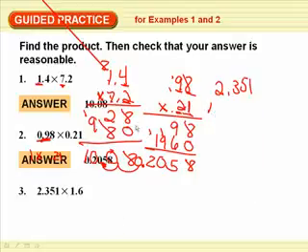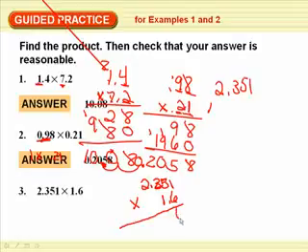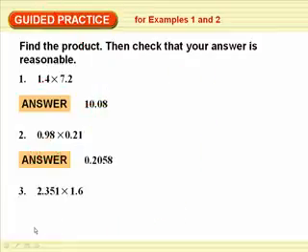See, look. Maybe it'll work down here. 2.351. Doesn't like to make fives. Times 1.6. You might have to do this one on your own. I don't have enough room to do it there. Let me erase. All right.